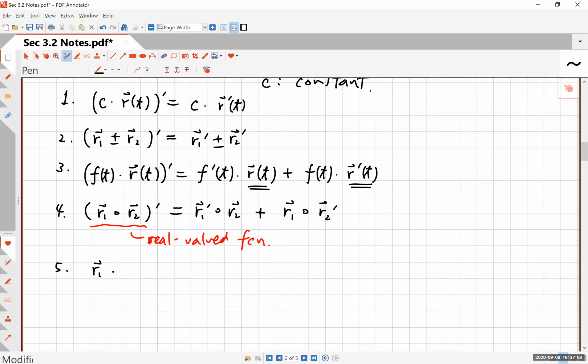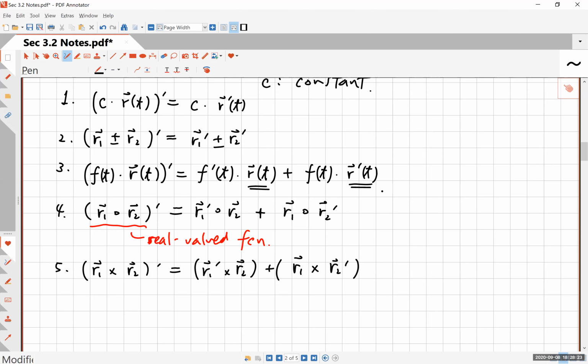What happens if you have the cross product and take the derivative of that? Do you think it's r1 prime cross r2 plus r1 cross r2 prime? Do you think that's the case? It turns out to be so too. Right? So the product rule still works.